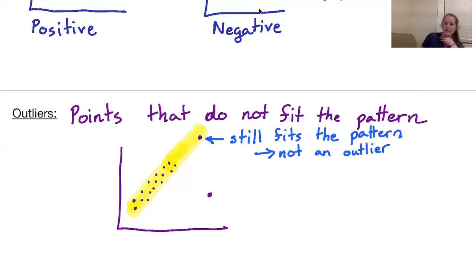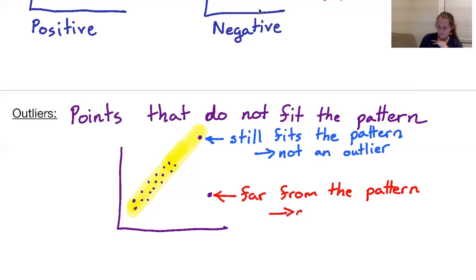On the other hand, this dot down at the bottom is far away from the pattern, right? It has nothing to do with the pattern essentially. So we consider it to be an outlier.